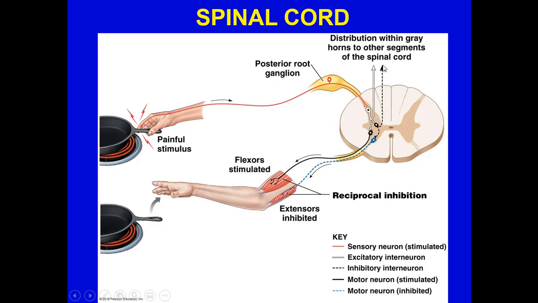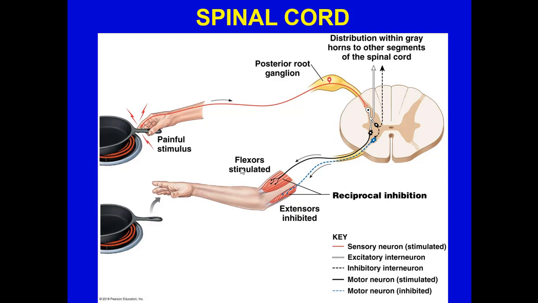But you have to keep in mind that information passes up other segments of the spinal cord, and some of it may actually go to the brain. What's going to happen here is you have to do two things. For the arm to pull away, you have to have the extensors inhibited and the flexors stimulated.